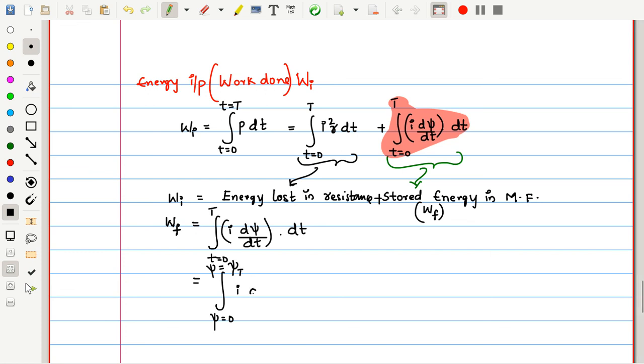So I into d psi, this is the flux linkage.